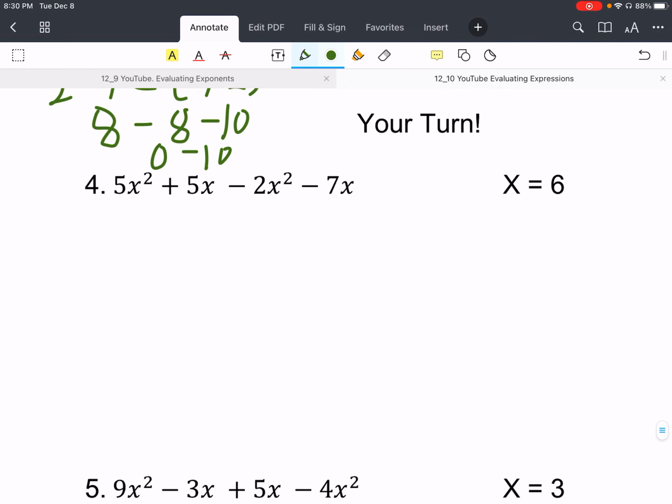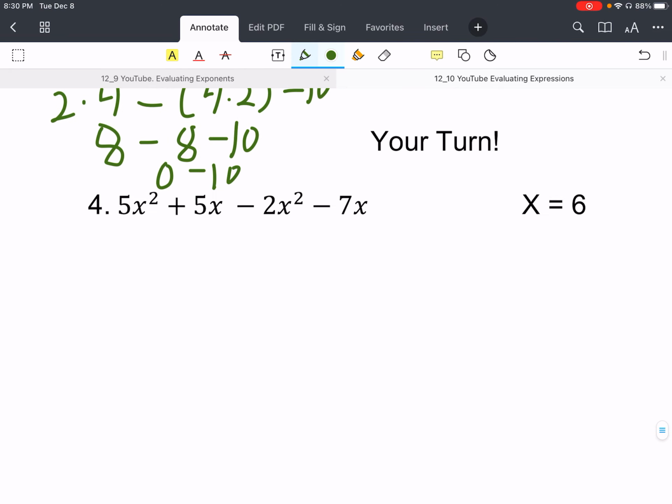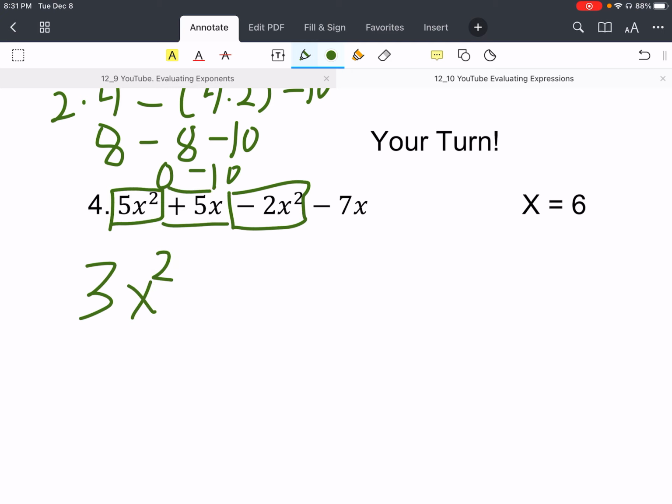All right, go ahead and try number 4. Okay, first thing you should have done is combine your like terms. That'll get you 3 times x squared, and then positive 5x, negative 7x, minus 2x. So after that, you can replace the x's with a 6.